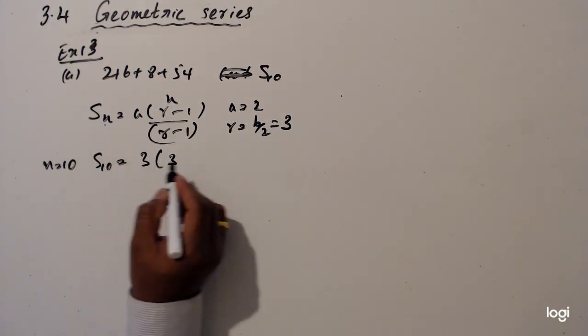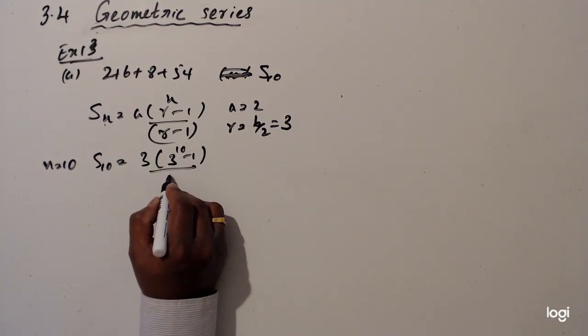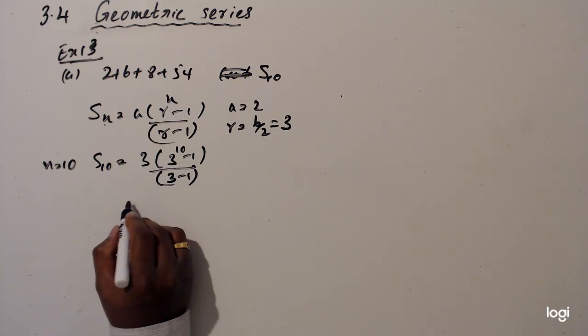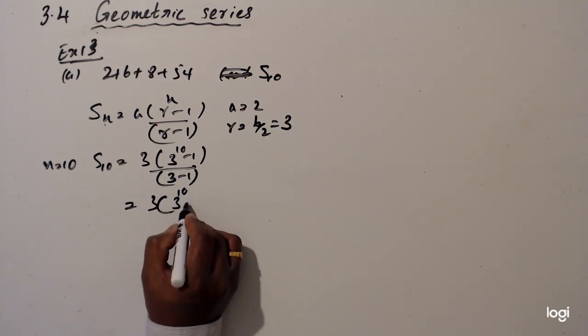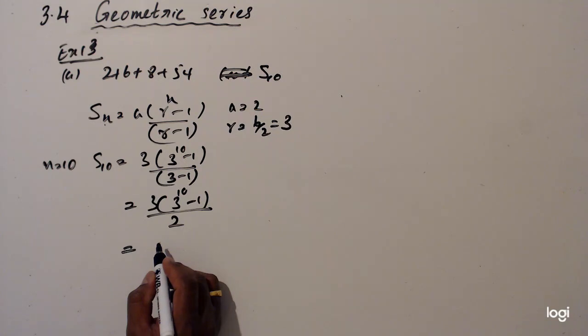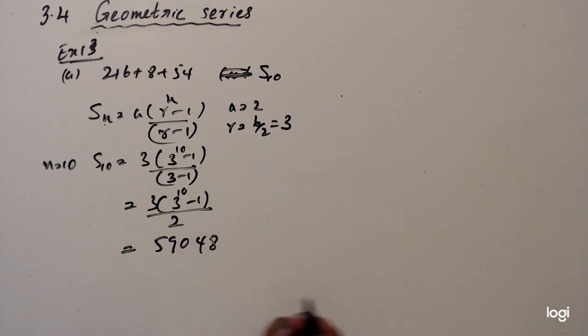So S10 equals (3^10 minus 1) over (3 minus 1), which is (3^10 minus 1) over 2. We can see this answer is 59048.